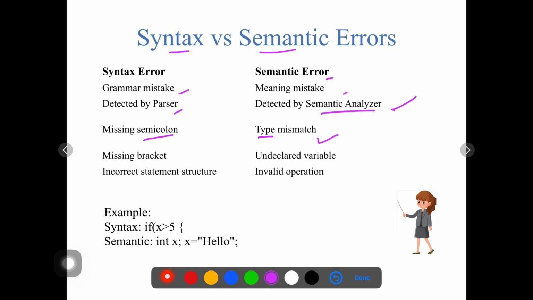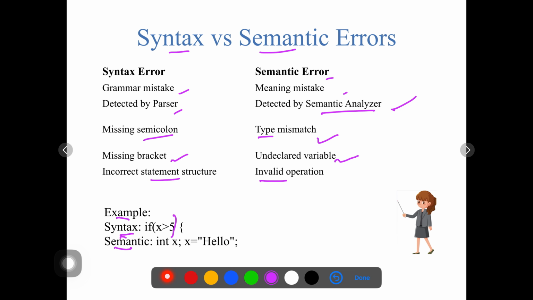Missing brackets is a syntax error. An undeclared variable is a semantic error. Incorrect statement structure is a syntax error. Invalid operation is a semantic error. Here is the example. If x is greater than 5, and we don't have the closing bracket, it is a syntax error.